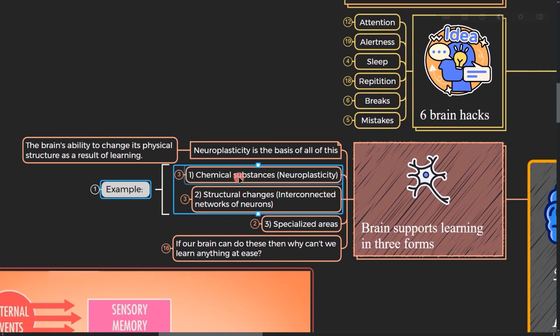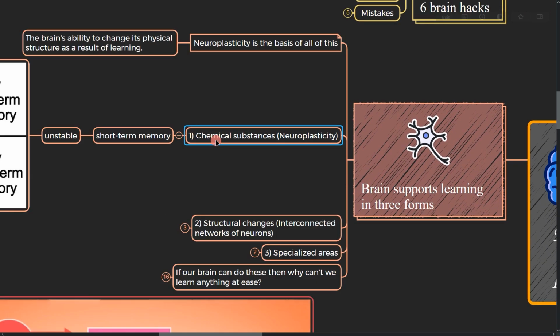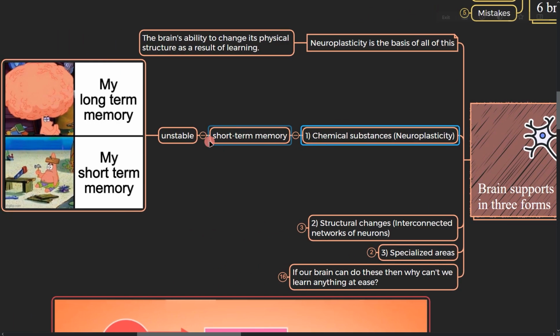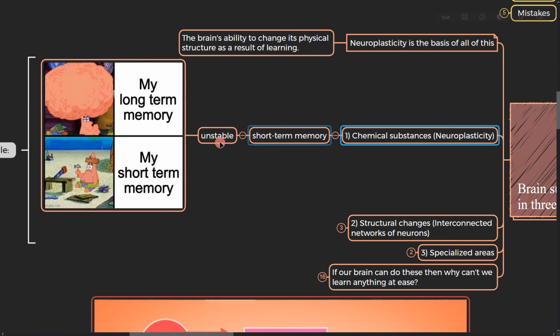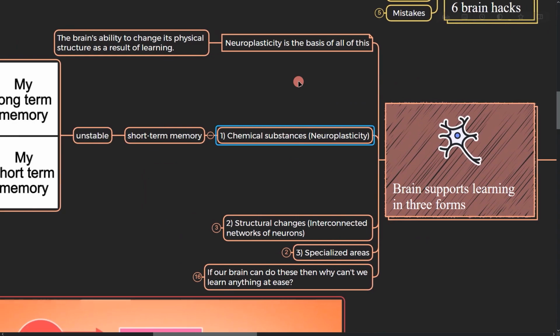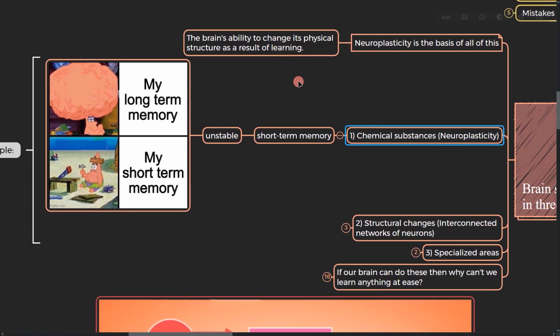The first one is chemical substances, which we can also call neuroplasticity. It is mostly our short-term memory. It is unstable. This image here is an image of a neuron, and whenever neurons are next to each other and they want to transfer information for a short period of time, they use some chemical substances in between.